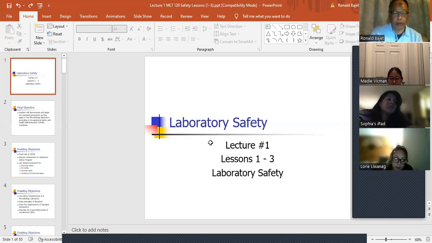This is really important. I know you've had safety and QA and QC and infection precautions in the laboratory, but these two areas are really important. So this is today, and then tomorrow I'll be doing safety lecture number 2.